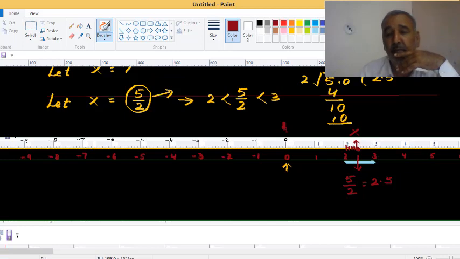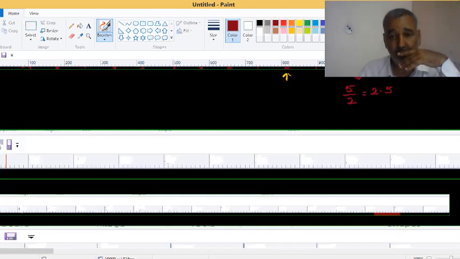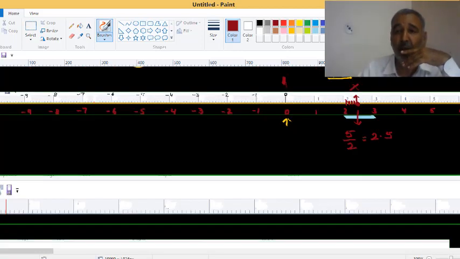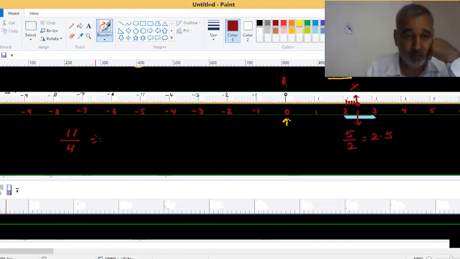If it is clear, I am taking one more example for you. Now let's represent 11 upon 4 on the number line. What should we do now?